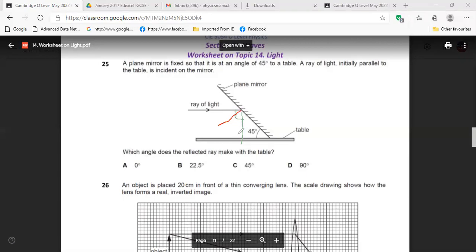Your incident ray is correct, and this is the reflected ray. Then it's reflecting back and it's making 90 degrees with the table. So the answer is D. Is it clear? Yes, sir.